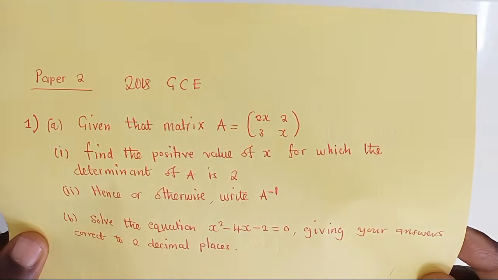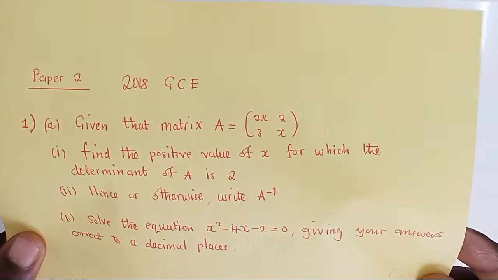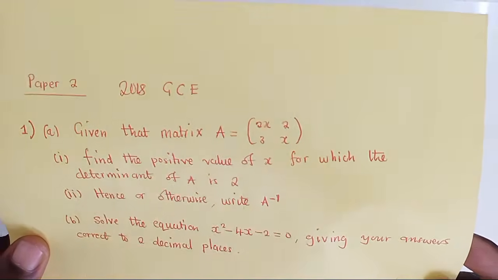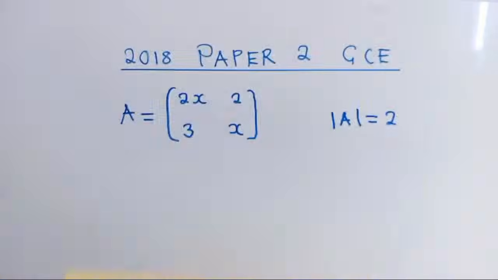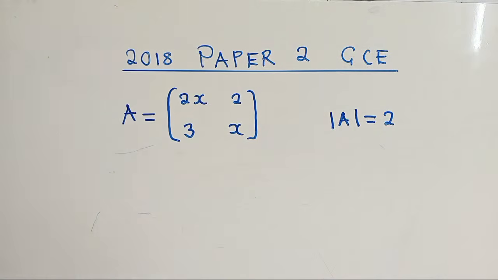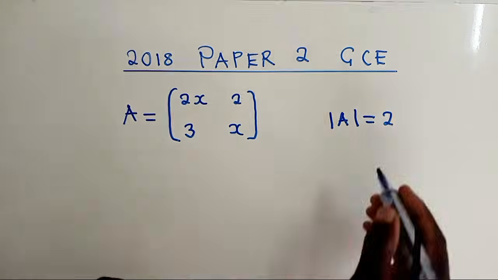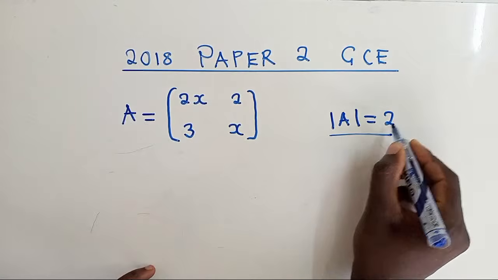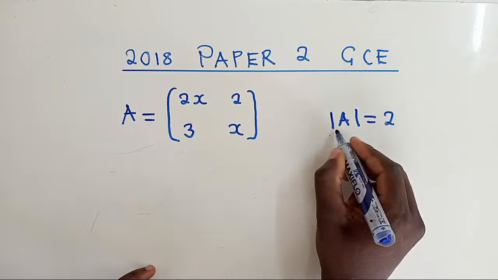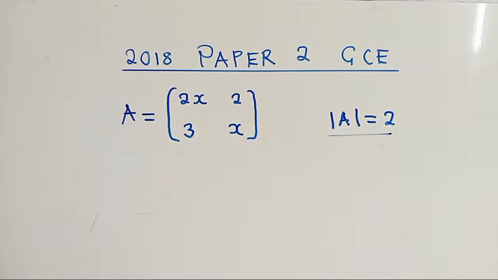Then, hence, or otherwise, write the inverse. So let's start with question A. We find the positive value of x, where we've been given the determinant: the determinant is equal to 2. So this is our determinant.